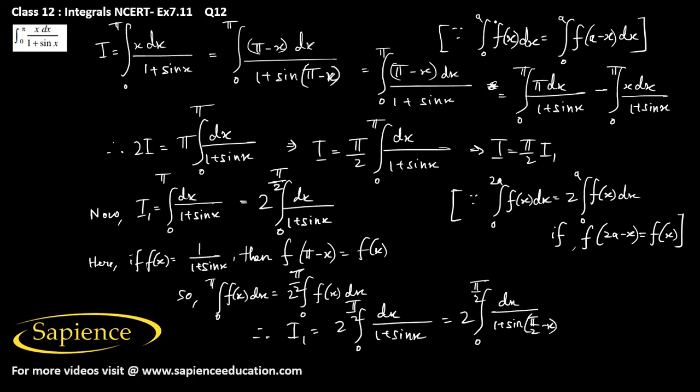Why? Since we know that the integral from 0 to a of f of x dx equals the integral from 0 to a of f of (a minus x) dx. So this will be equal to twice the integral from 0 to pi by 2 of dx by 1 plus cos x, since sine of (pi by 2 minus x) is cos x.